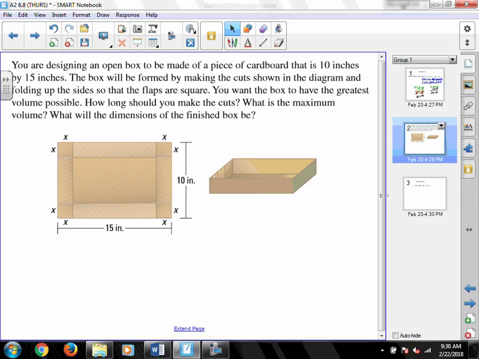What are we looking to maximize? So, we're trying to maximize volume here.